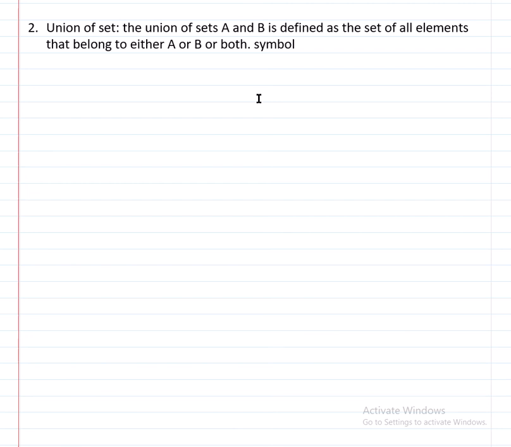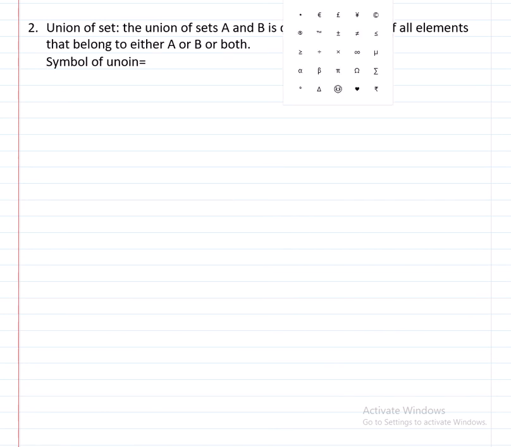Okay, symbol of union. So let's look at the symbol of union.